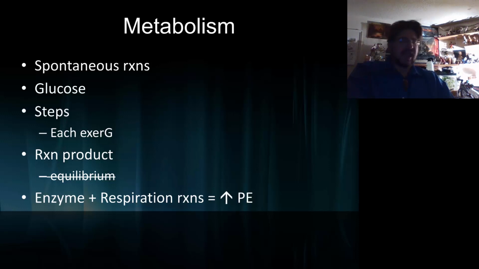Enzymes catalyzing every single one of our respiration reactions means we have a high potential energy system in metabolism. Because we have a high potential energy, the enzymes reduce the amount of energy needed for these reactions to fire off, right?